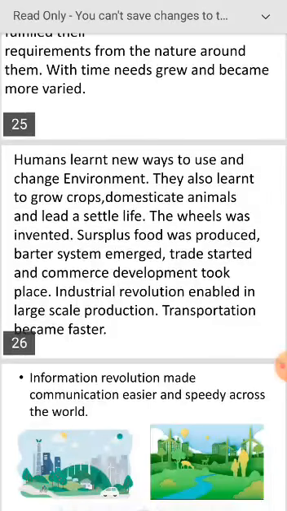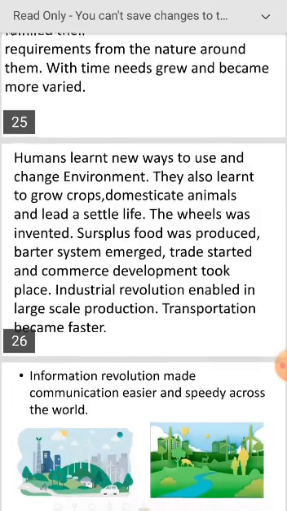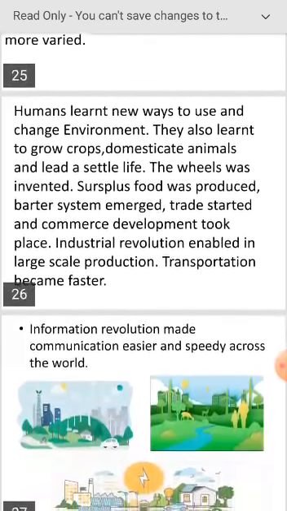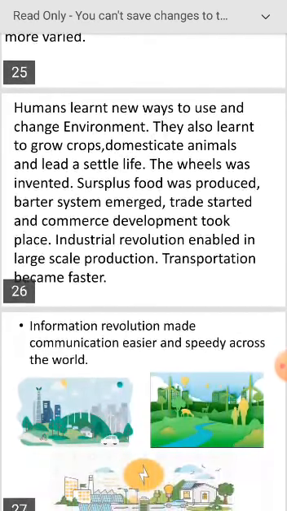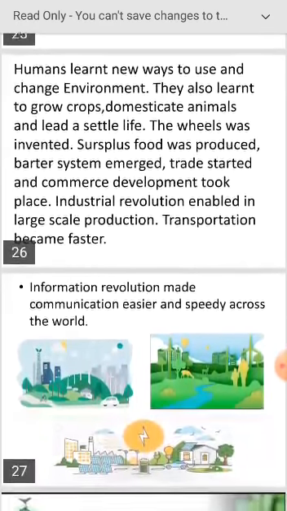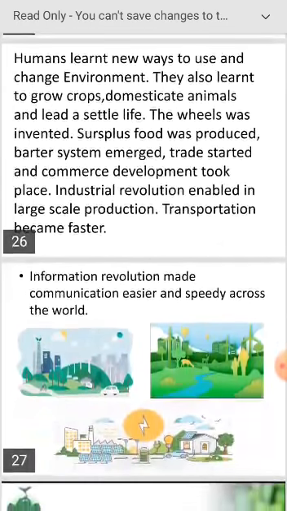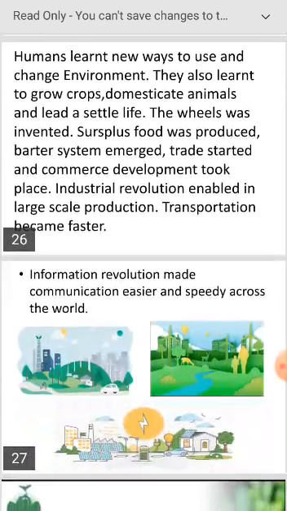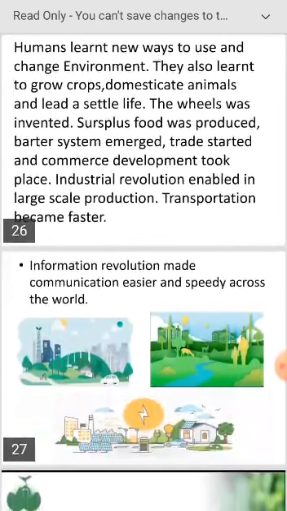Next we are going to study how humans learned new ways to use and change the environment. They also learned to grow crops, domesticate animals, and lead a settled life.